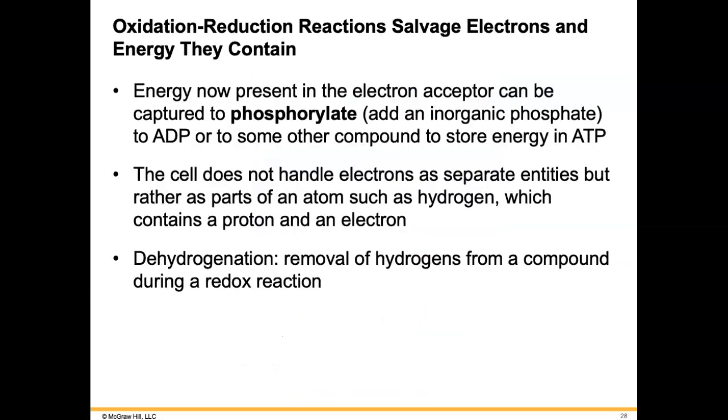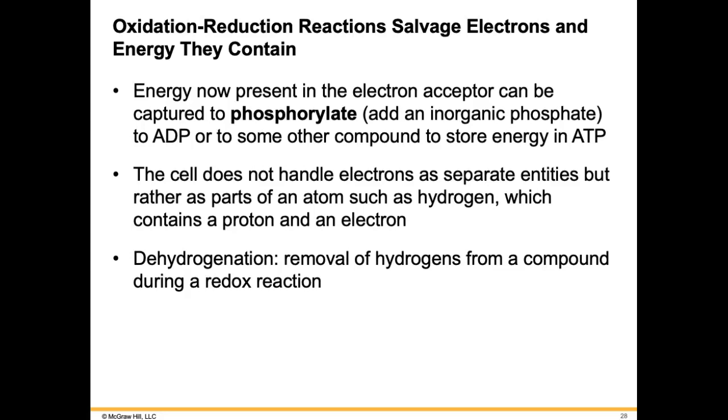So oxidation reduction reactions salvage electrons and energy that they contain. So I want to put a little footnote in all of this, in that whenever we talk about electrons floating around, going from one molecule to another, or from one participant to another, you need to remember that there's always going to be a hydrogen involved there.